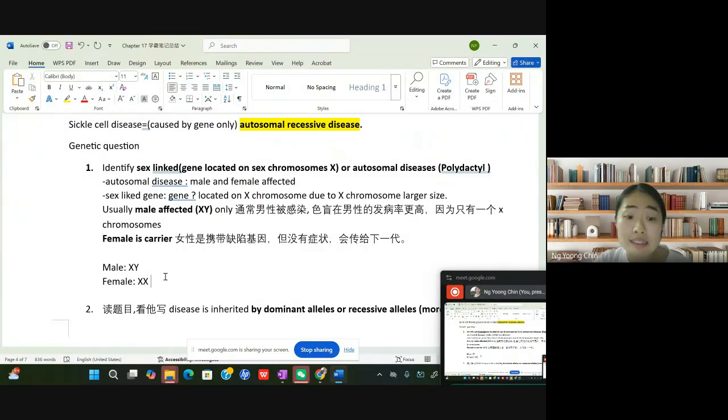Carrier means they carry the defective gene but will not show any symptom, but they will transfer the defect to the next generations. And usually the male will be the affected one.